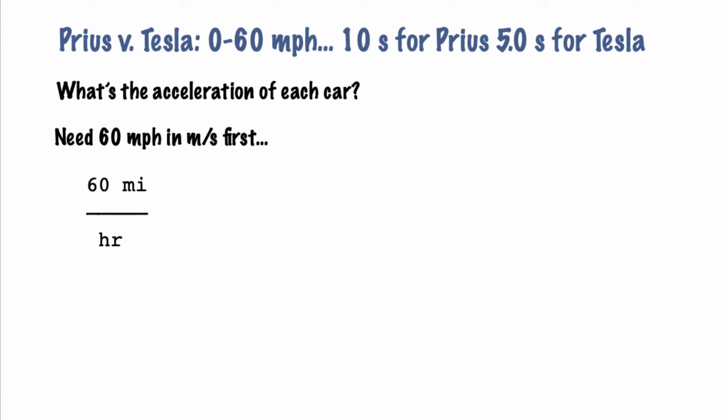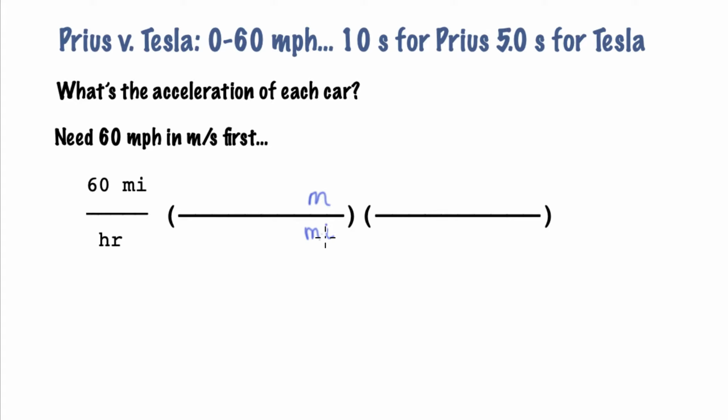The idea is you start with the quantity that you're given, 60 miles per hour, and come up with a bunch of factors that will convert the miles into meters and the hours into seconds. I happen to know a couple of these off the top of my head. The first thing we're going to do is convert miles into meters.